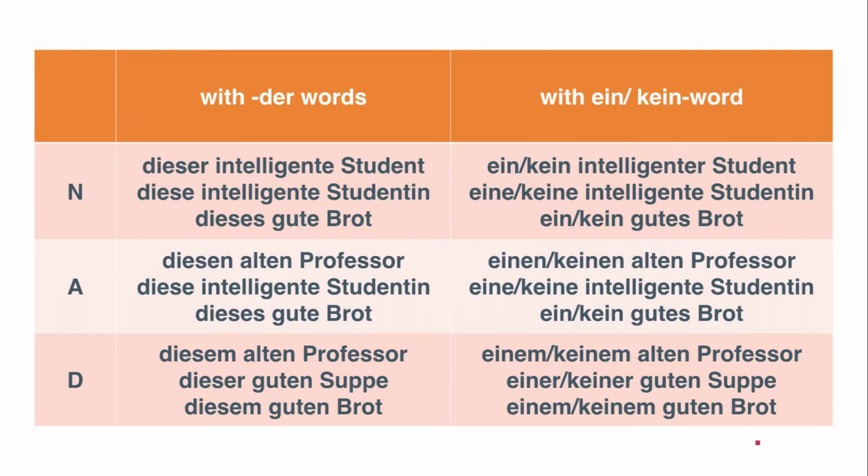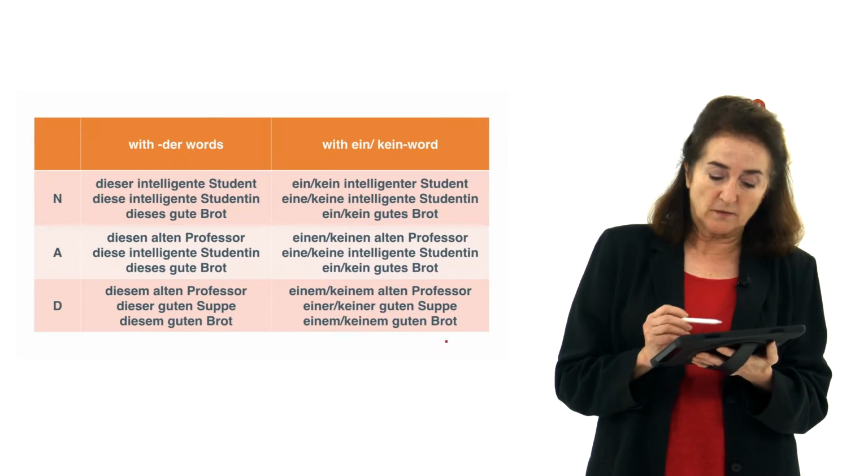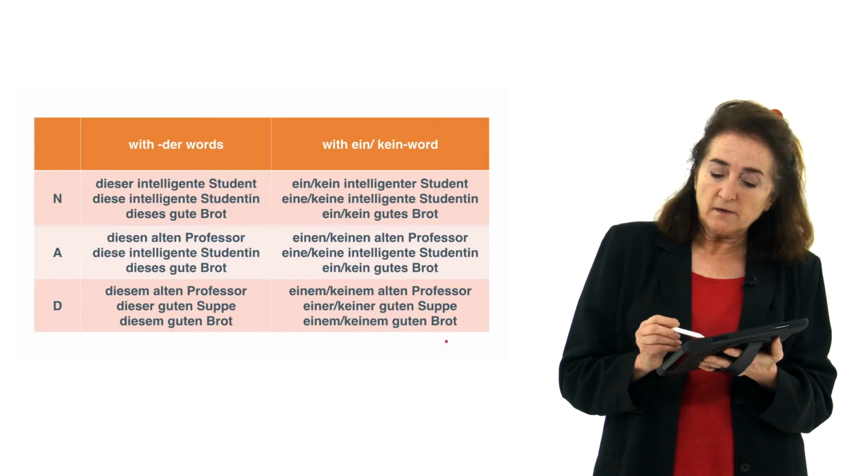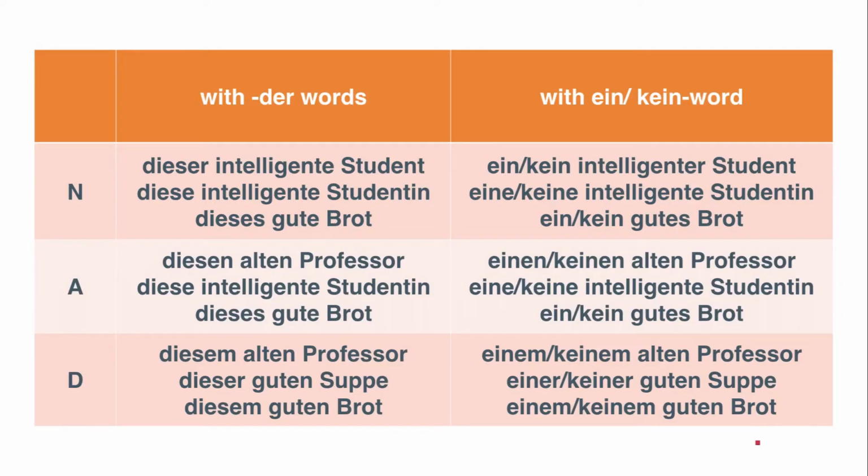Okay, here it's maybe more easily illustrated. So you have the der words on the left, and the ein or kein words on the right, indefinite article and negation, like I said, have the same ending.